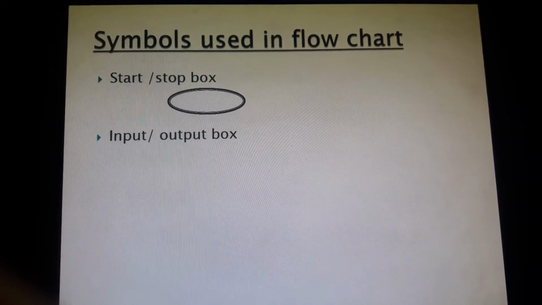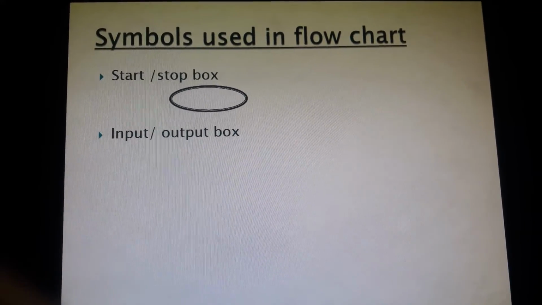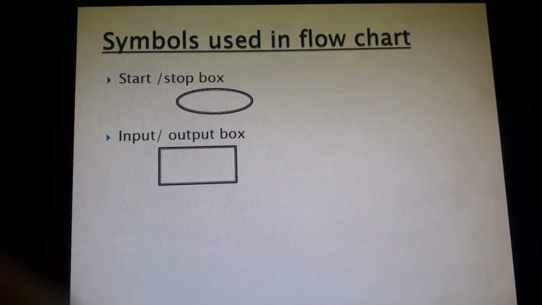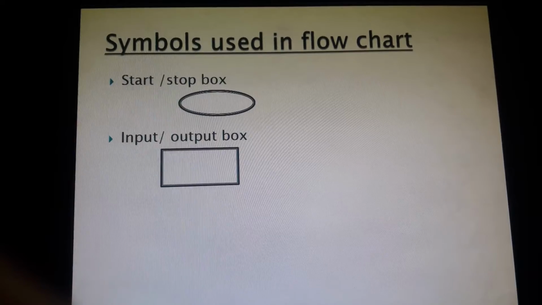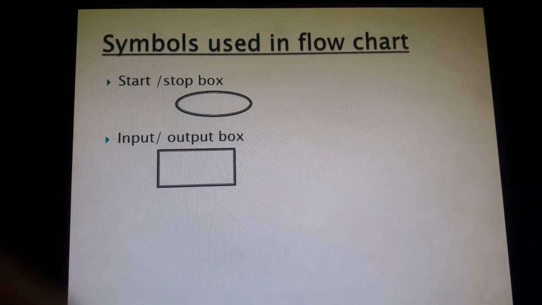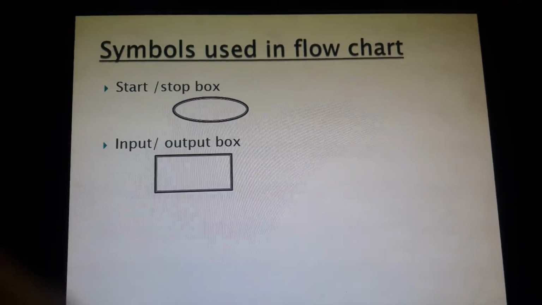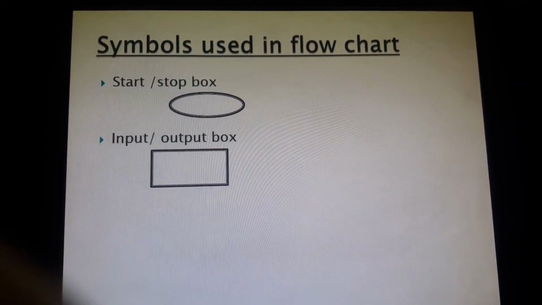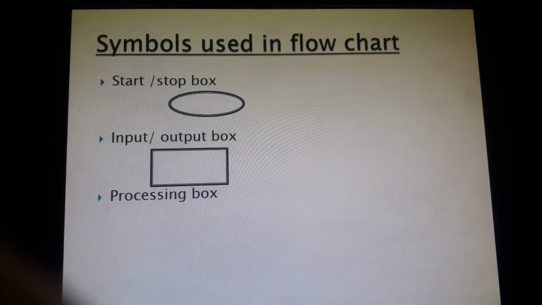Then to take input and to show the output, to show the result, we'll use the input and output box, that is rectangle. Oval shaped box is used to start and stop. Rectangle is used to take input and to show output.